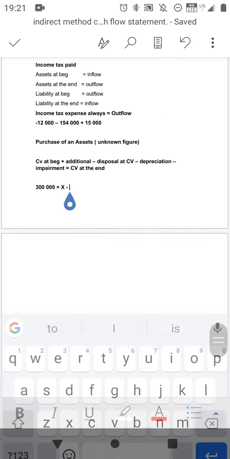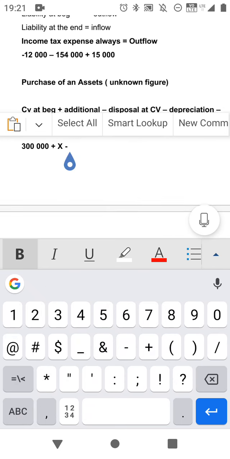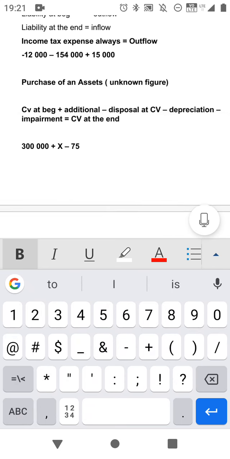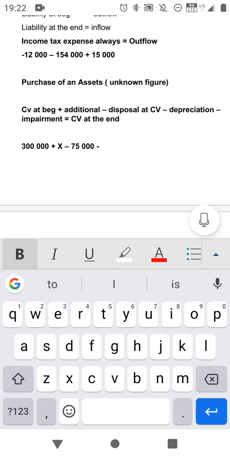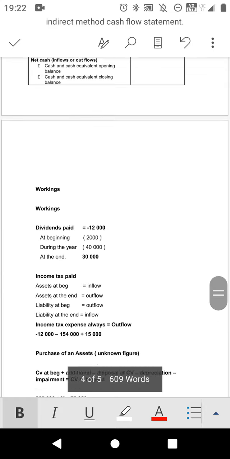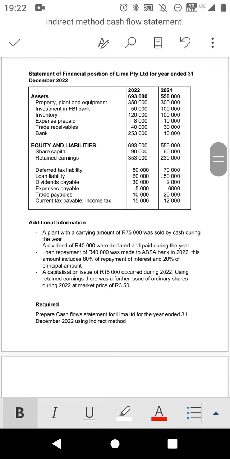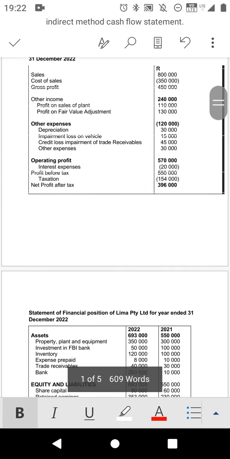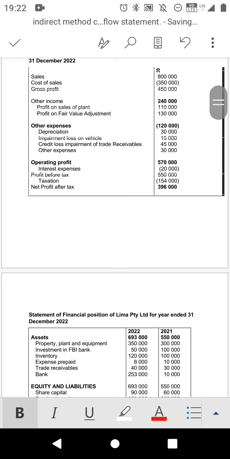Minus 75,000. Again we have to subtract depreciation that we have on our income statement. Income statement, depreciation, we have 30,000.